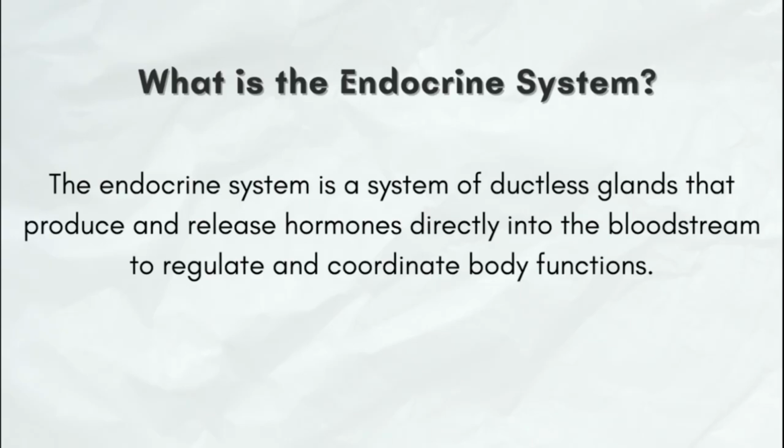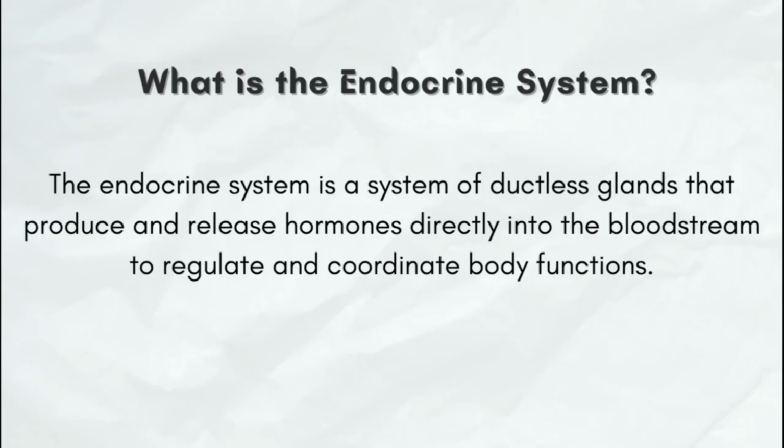So the endocrine system produces hormones, and those hormones travel directly into the bloodstream. The hormones are the chemical messengers that tell the body exactly what to do, depending on the gland they come from, whether it be the pituitary gland, the pineal gland, or the adrenal gland. Glands make up the endocrine system, and hormones are produced from glands.